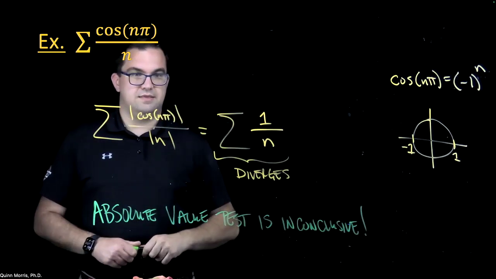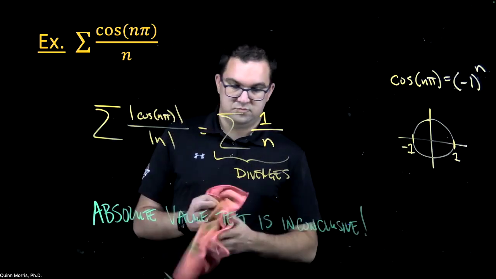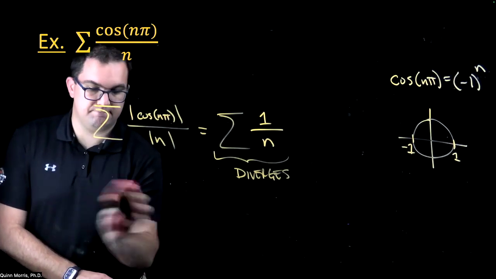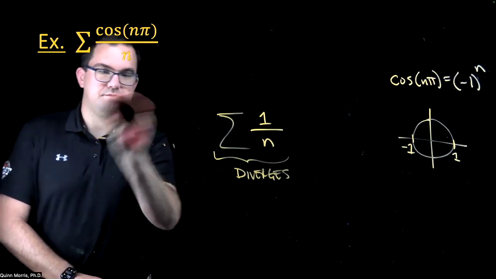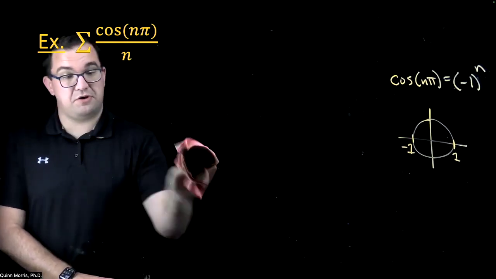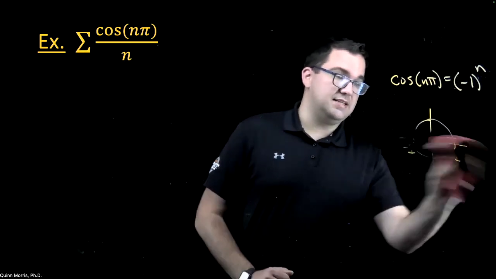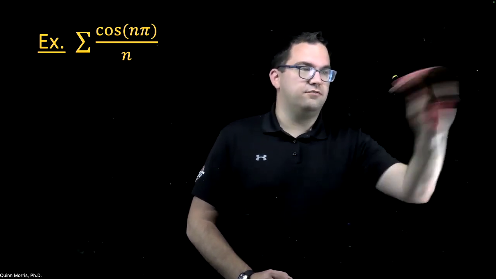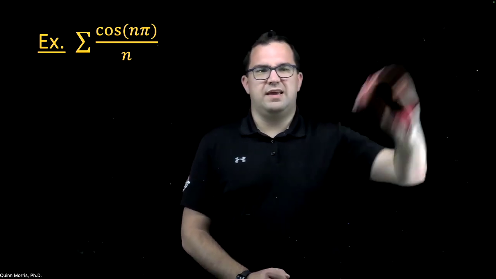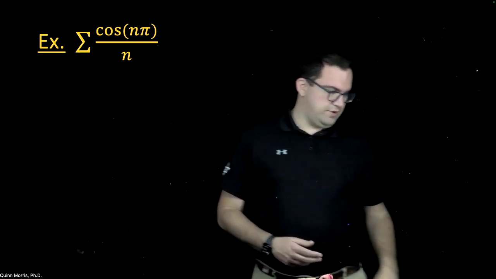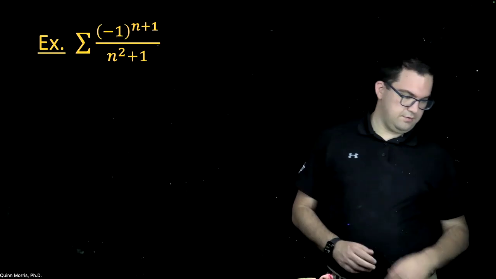We can't conclude anything in this case. So the absolute value test is great as long as that series of absolute values converges. If it doesn't converge, or if it's just something we can't really figure out whether it converges or diverges, then the absolute value test isn't of much use.